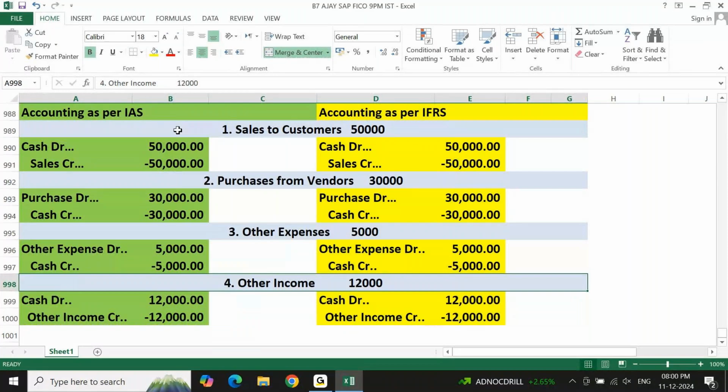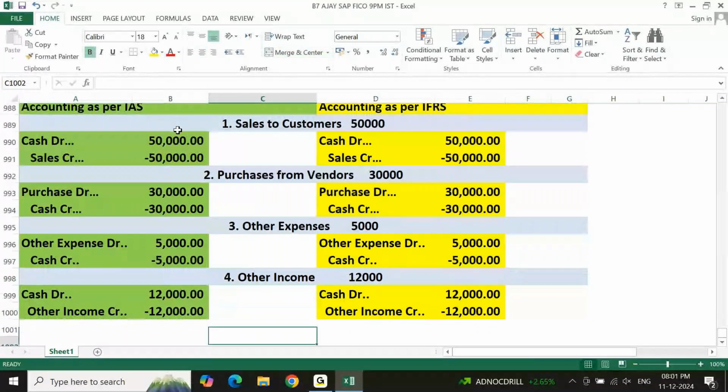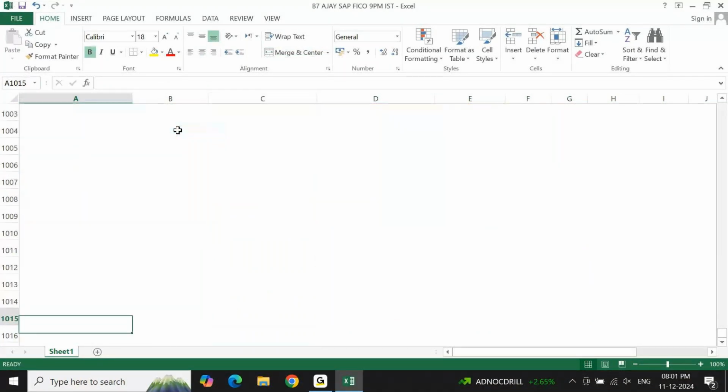Now these are the accounting entries. After writing the accounting entries, in general what we need to find out is the P&L, profit or loss according to Indian accounting standard, and the profit and loss account according to IFRS. Now, according to Indian accounting standard or according to IFRS, you need to prepare what? Financial statements.